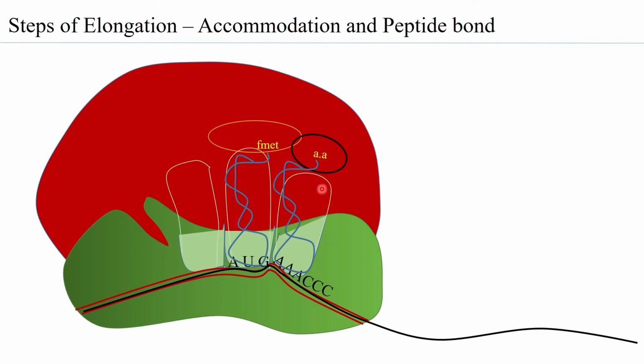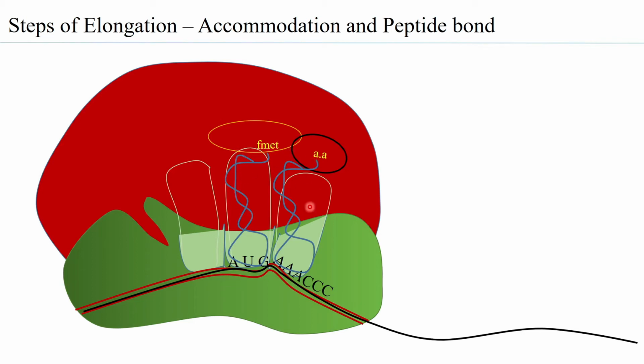The next step is that this amino acid that has entered with the amino acid tRNA should form a peptide bond with fMet, because that is the ultimate goal of the ribosome, that is formation of the peptide bond between two amino acids. So here, as we can see, the fMet has to now be in a peptide bond with the AA.